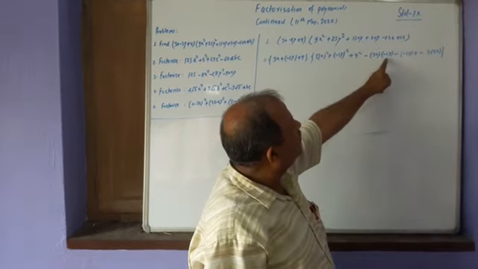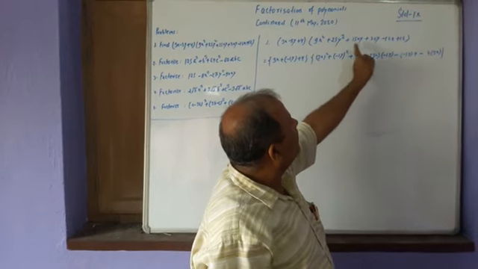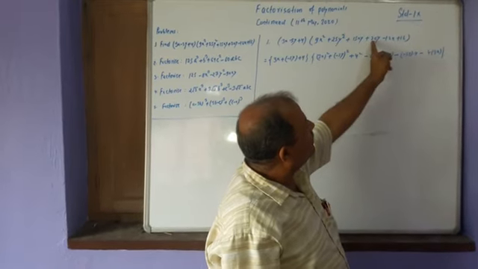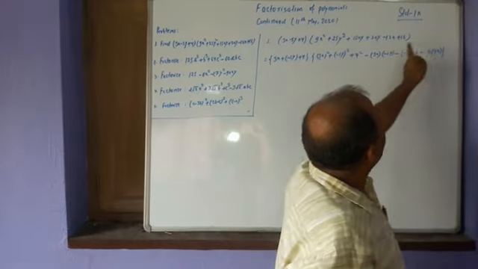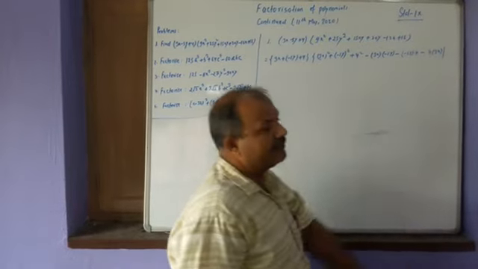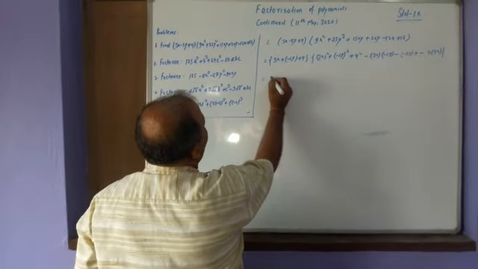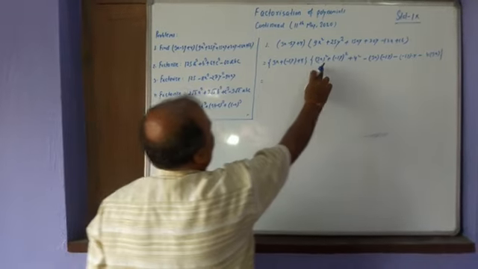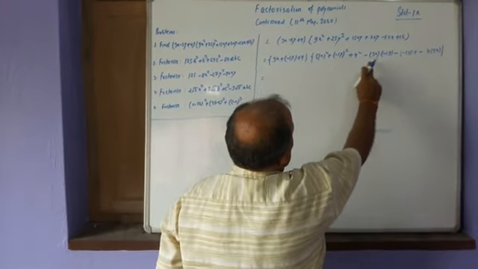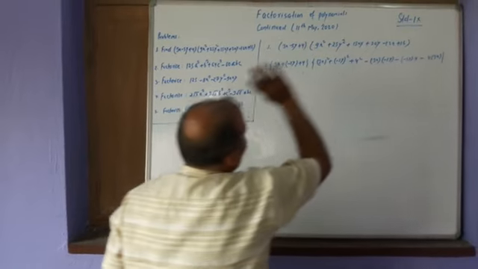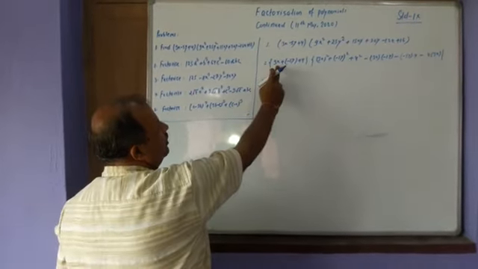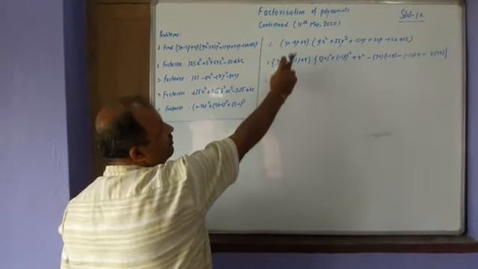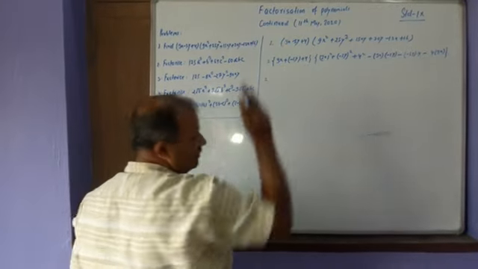3 times 5 is 15xy, minus minus plus. 5 times 4 is 20, minus minus plus 20y. Minus, plus, minus 4 times 3 is plus 12x. This is of the form (a plus b plus c) into (a square plus b square plus c square minus ab minus bc minus ca). At the place of a we take 3x, at the place of b we take minus 5y, and at the place of c we take 4.